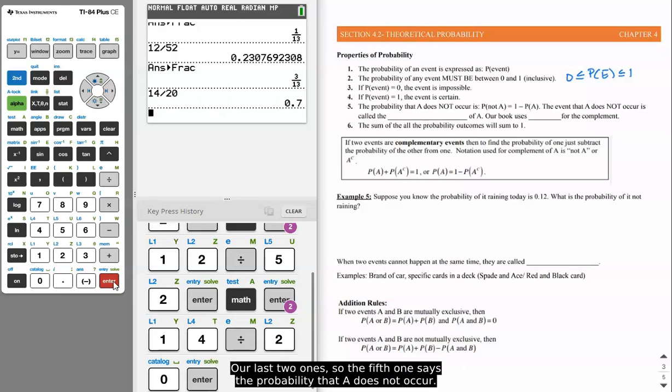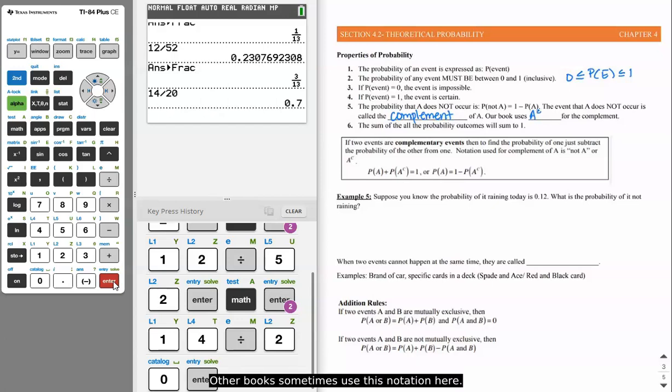And our last two. The fifth one says the probability that A does not occur. We talked a little bit about this previously. It's a complement. The probability of not A is equal to 1 minus the probability of A. So if I know the probability of A, I can subtract it from 1 to find not A. The event that A does not occur is called the complement of A. Our book uses A and then a little c for the complement.